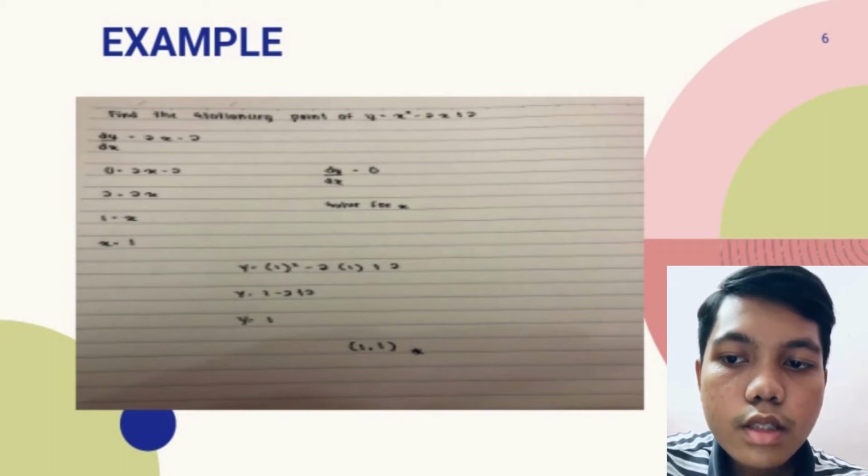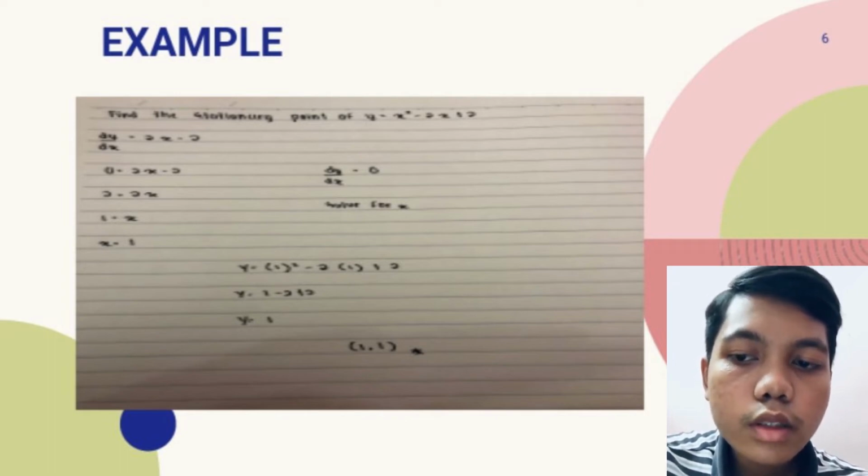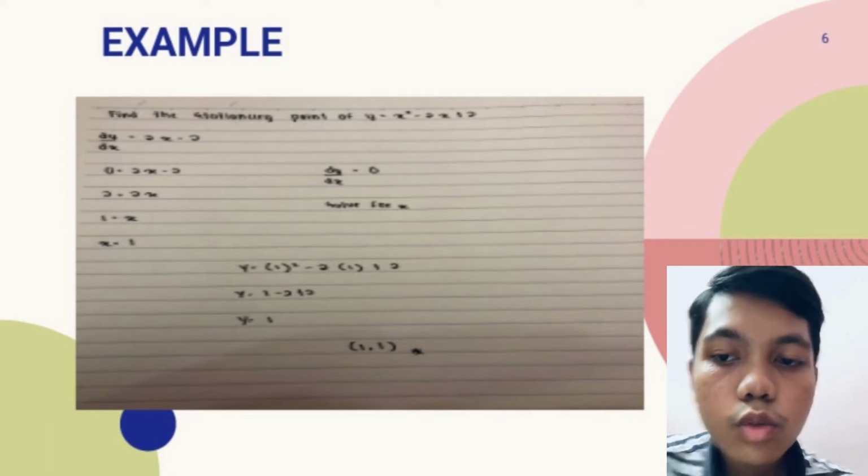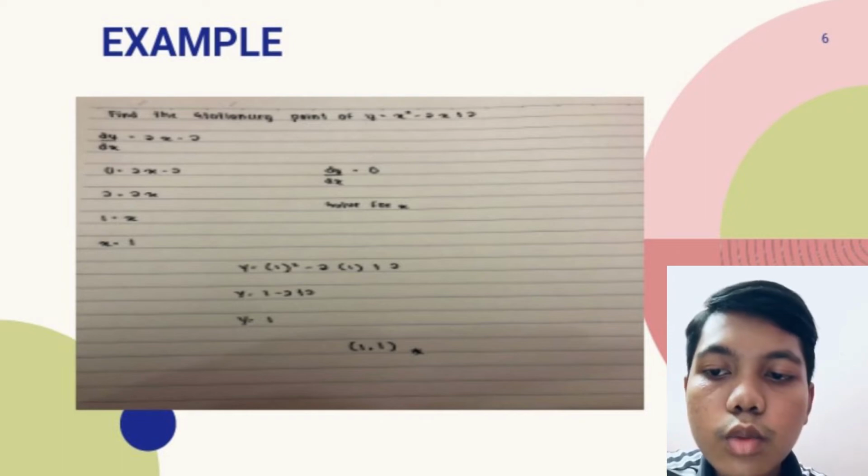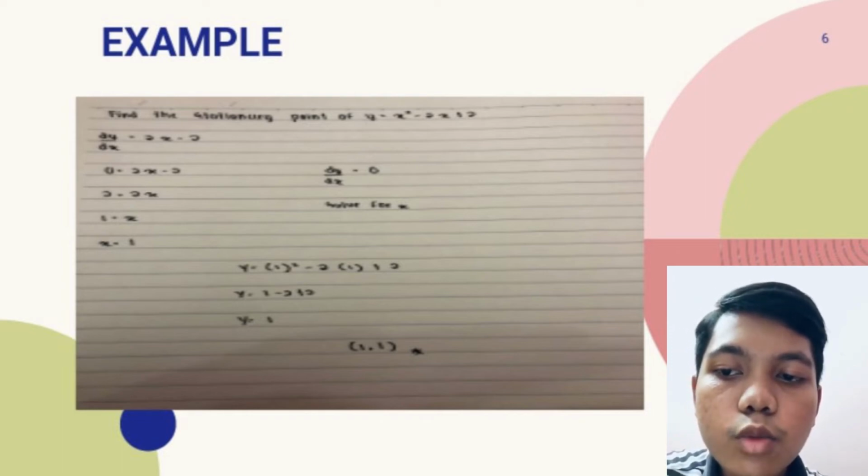Solve for y: y equals 1 power 2 minus 2 times 1 plus 2, y equals 1 minus 2 plus 2, and the stationary point is (1, 1).